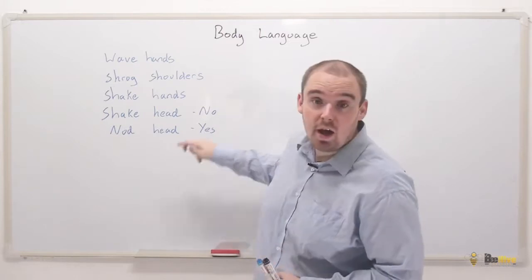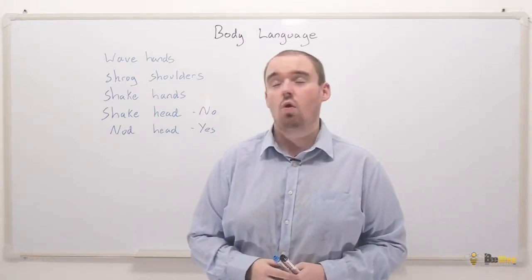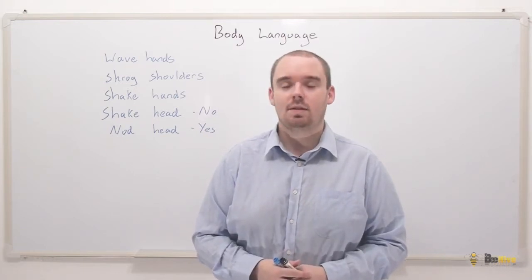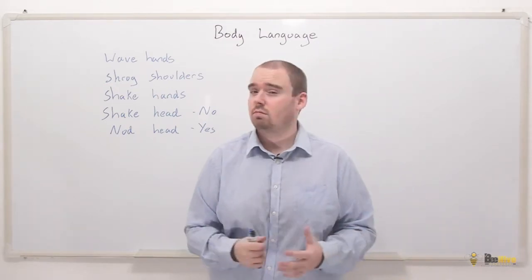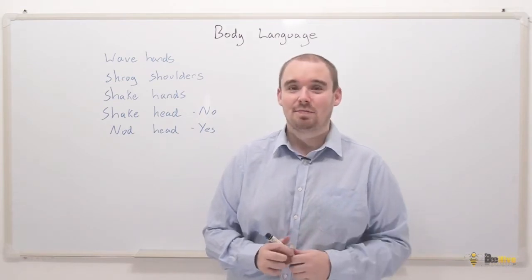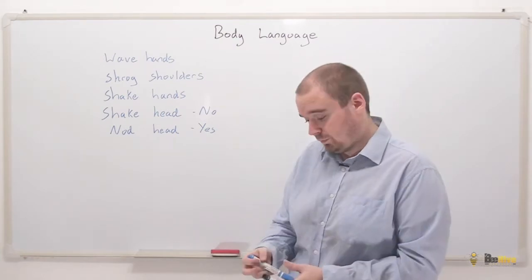So earlier, I asked the question, would you like something to drink? We would say, no, thank you. Or we could say, yes, please. Would you like to go to the cinema? No, thank you. Or, yes, please. Okay? But there are other things as well people do.